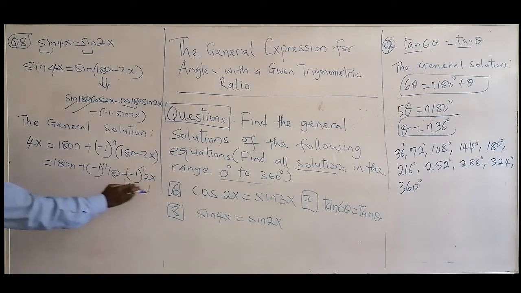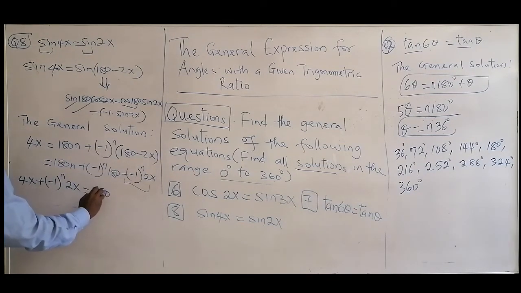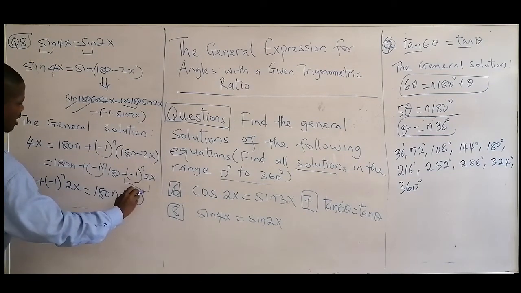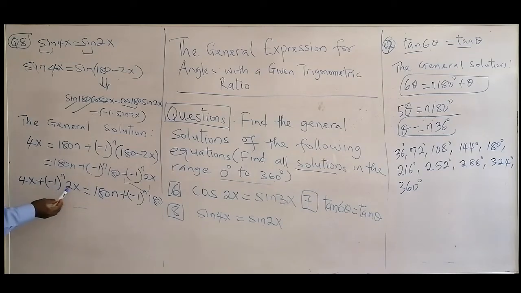Then we can move this one to the other side. So that will be equal to 4x, and this is minus here. So 4x plus minus 1 power n 2x equal to 180 n plus minus 1 power n 180. Then here x is common, you can take the x out.